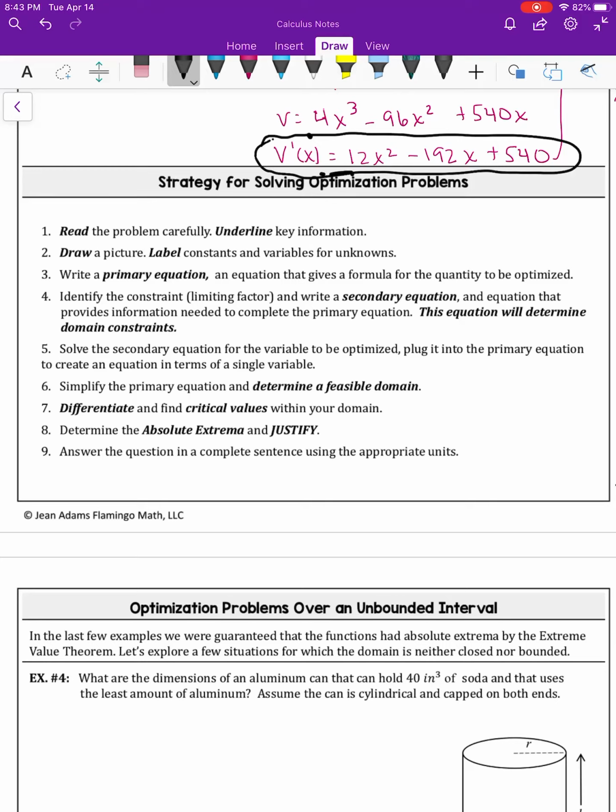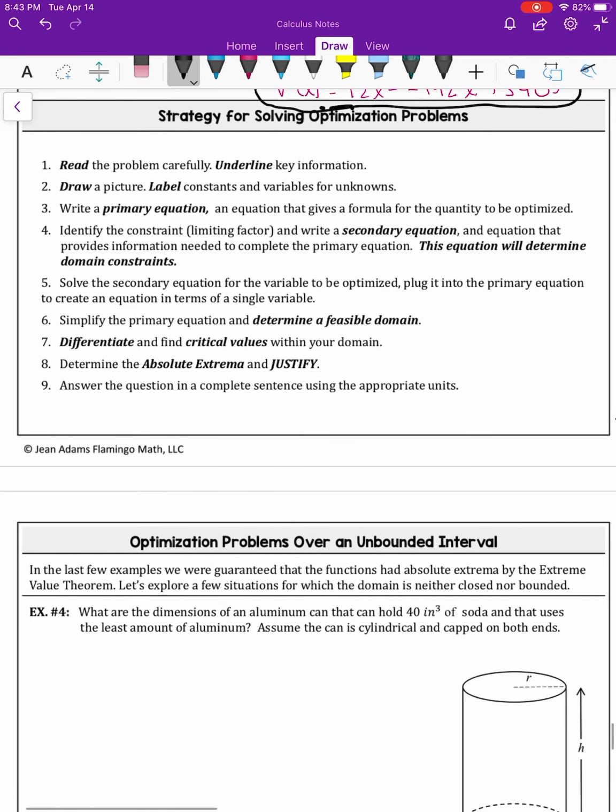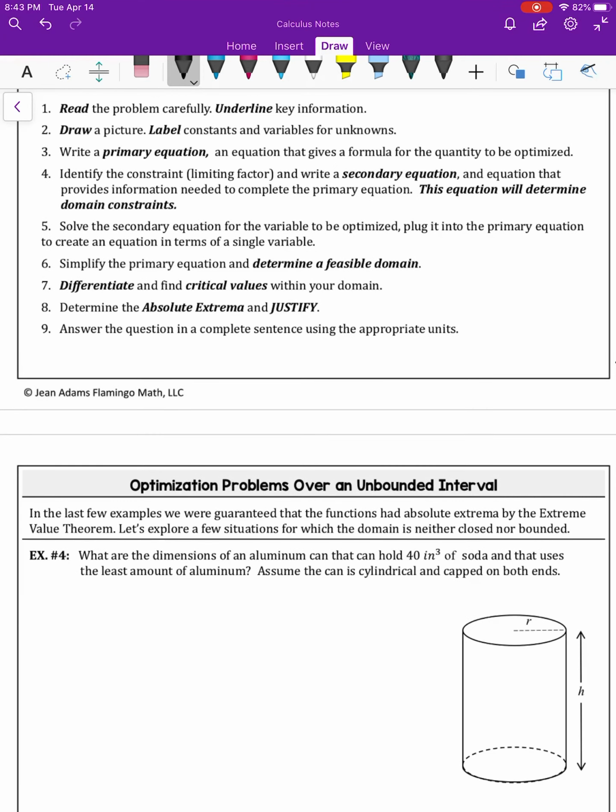Number 3, write a primary equation, an equation that gives a formula for the quantity to be optimized. So that's your max or min equation. Identify the constraint, that limiting factor, and write a secondary equation, an equation that provides information needed to complete the primary equation. This equation will determine the domain constraints.